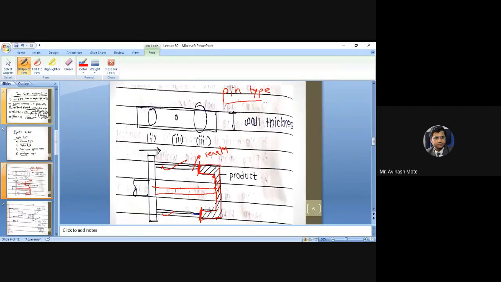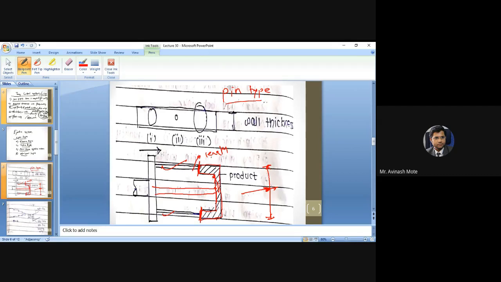Second thing, the complete length of the product is more, and if you push it at the center through some pin which has less surface area, it will try to pierce. Are you getting the meaning of pierce? Indent.